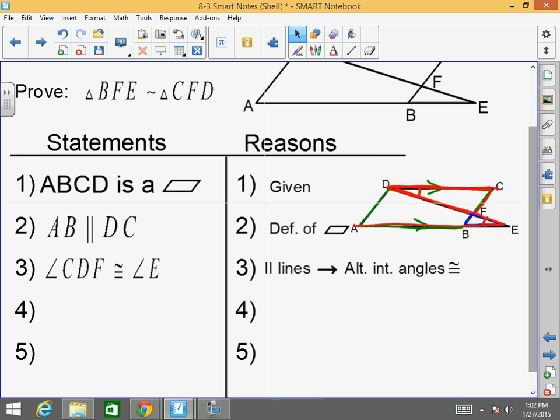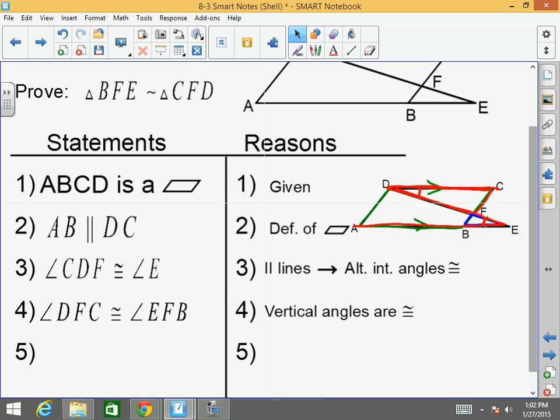Yes, sir. Now what? Which F? There's a lot of F's. Excellent. Angle DFC and angle EFB are congruent because of vertical angles are congruent. You guys are on fire.